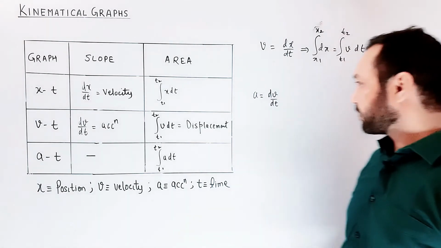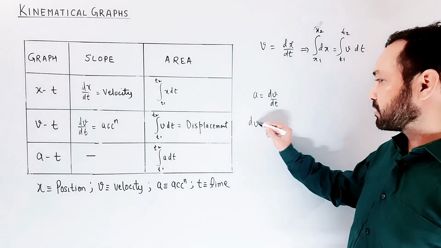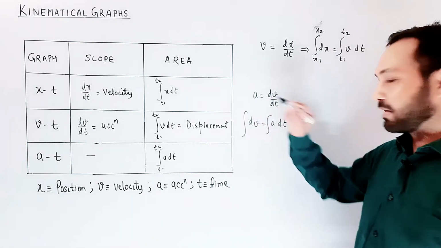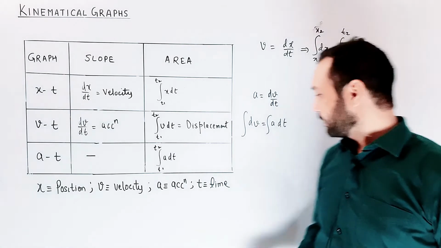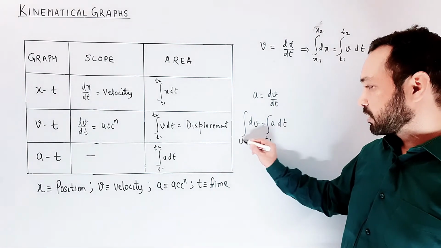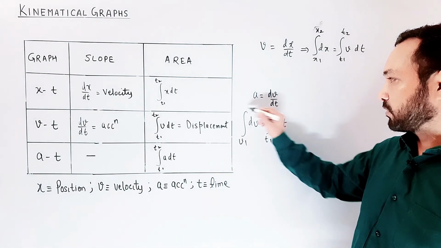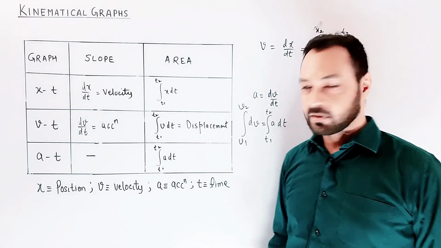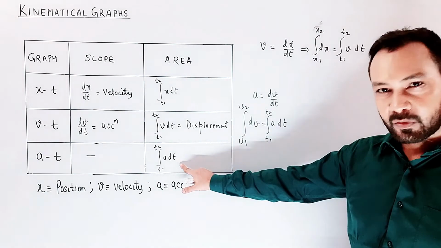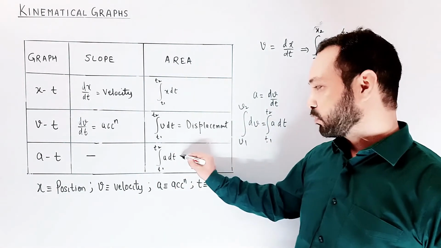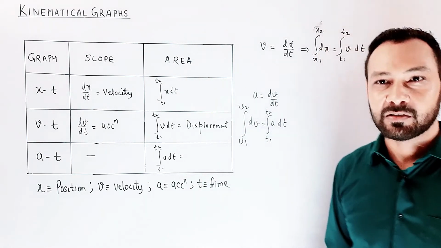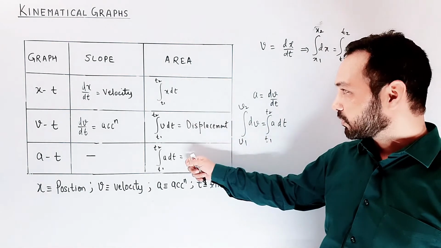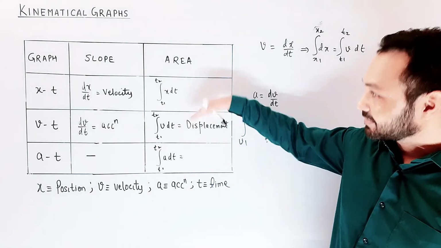And the same way, a is equal to dv by dt, so dv is equal to integration of a dt, and suppose particle is accelerating, velocity is changing. At time t1 velocity is v1, at time t2 velocity is v2. So what is this integration? v2 minus v1, change in velocity, and this integration is this thing. So this is change in position, this is change in velocity, and there is no variable less than x here.